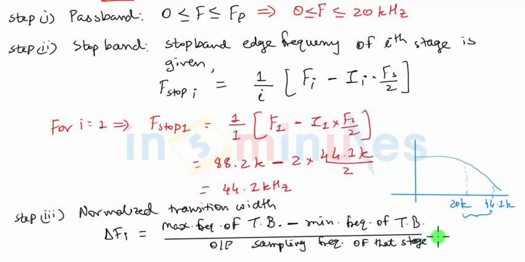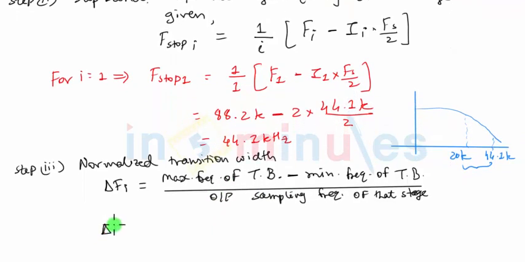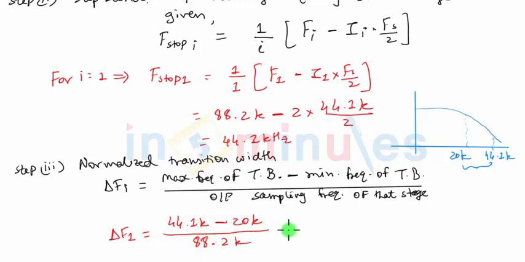This time please note that we consider the output sampling frequency. So what will be my delta f1? Because we are at stage 1 right now, it is 44.1K minus 20K, so this is f stop and this is fp, divided by the output sampling frequency F1, which is 88.2K. So this will approximately come out to be 0.273. So that's my delta f.